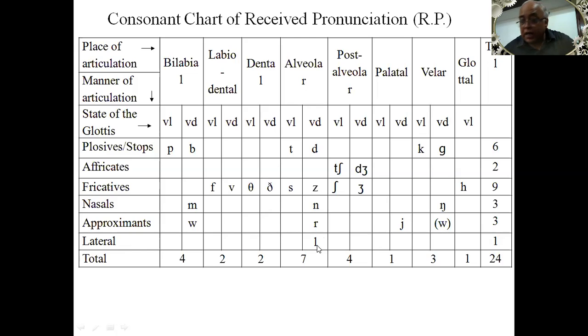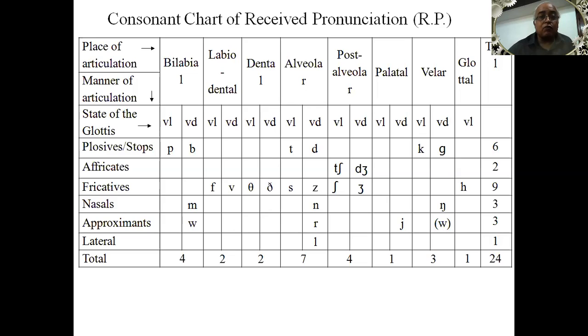Now we have got a lateral sound, la. La is also a voiced sound. The state of the glottis is voiced because the vocal cords are held loosely together and the air passes through. There's a lot of vibration in the vocal cords.